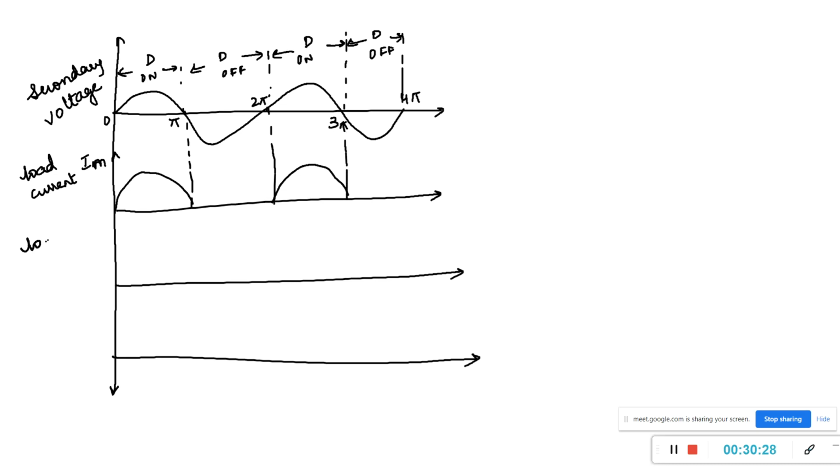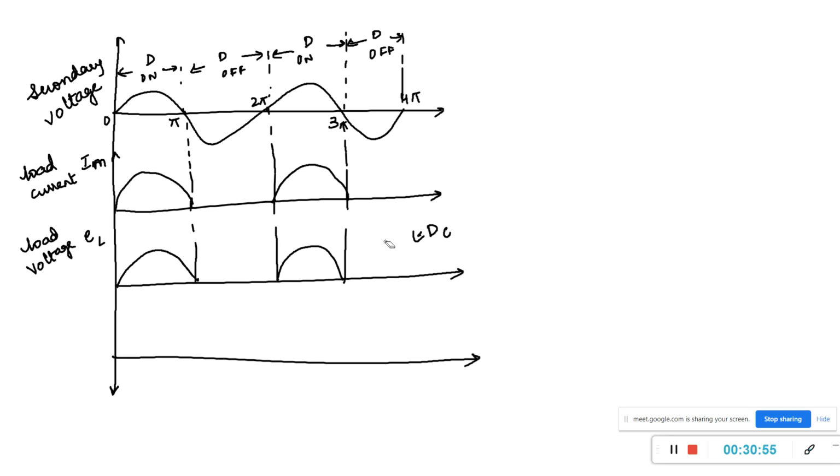Similarly, the load voltage, same. Load voltage, it is EL. Okay, so same load voltage, it is EDC.